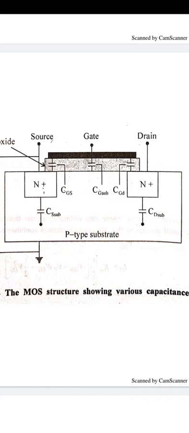Where the gate is directly touching the substrate, it shows the gate to substrate capacitance. These are the capacitances which exist according to the gate, drain and source.